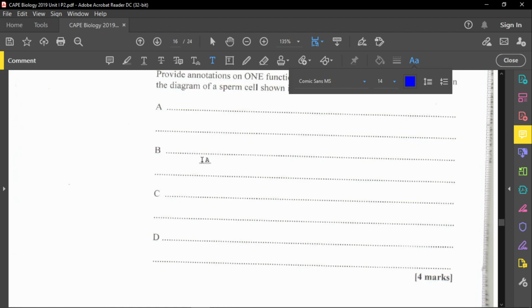So the first thing I'm going to talk about in the head is that the head contains enzymes, and the enzymes there, which is the acrosome, contain enzymes that are needed to digest the wall of the ovum, okay, to allow fertilization.